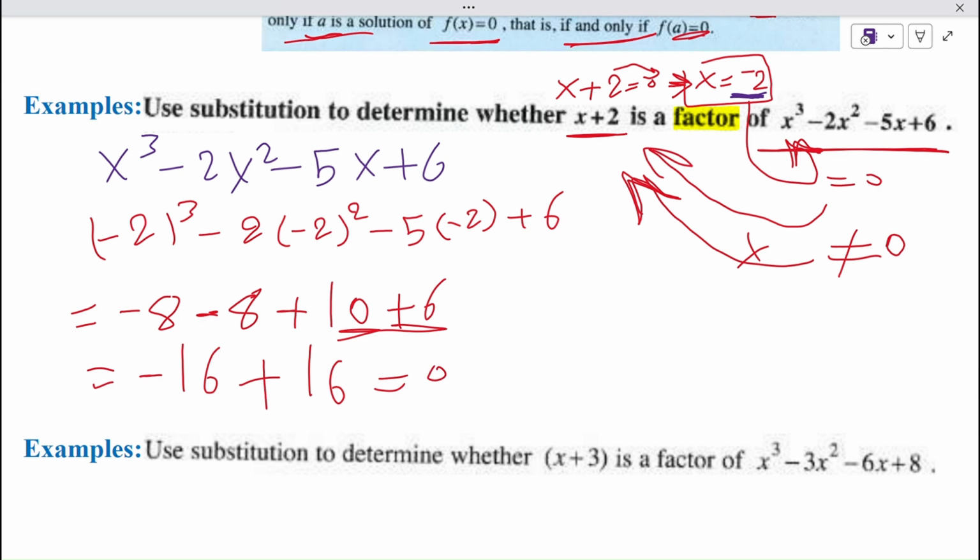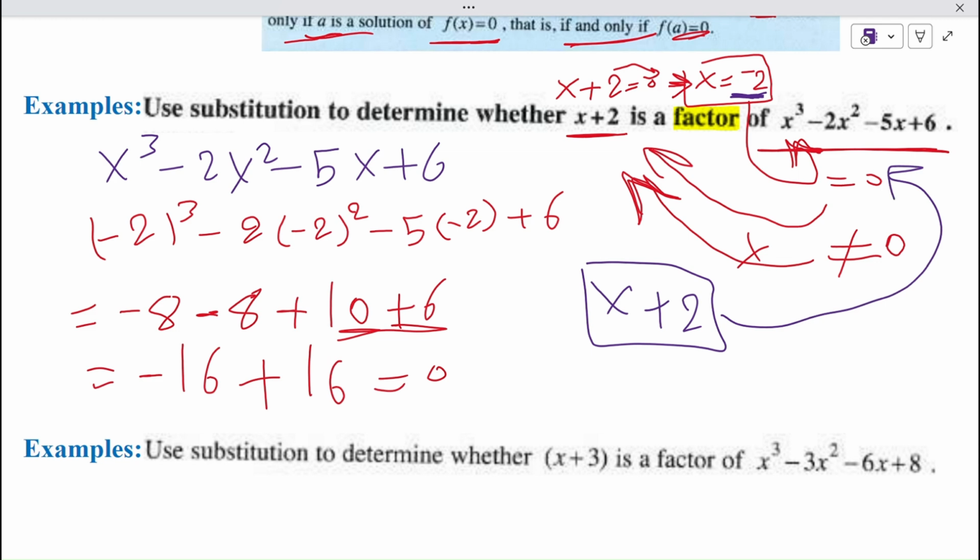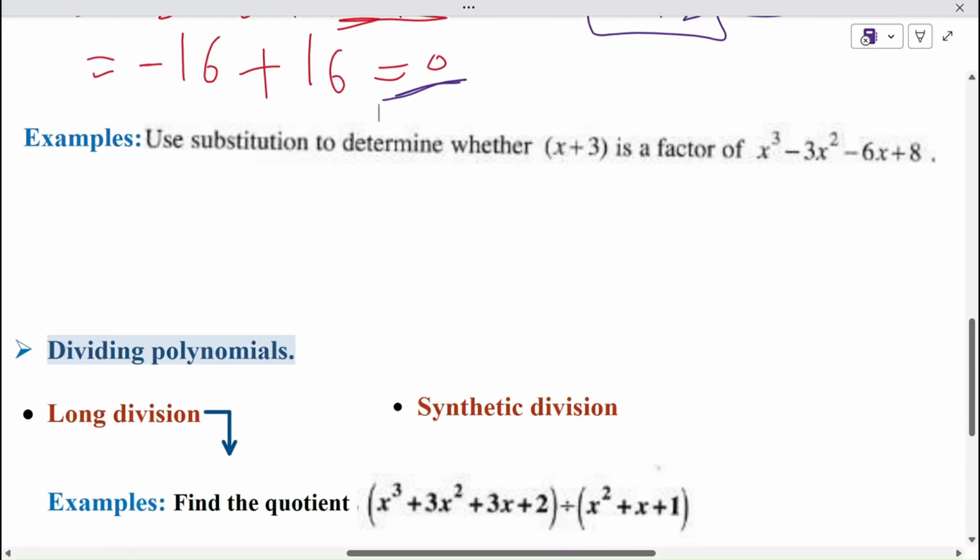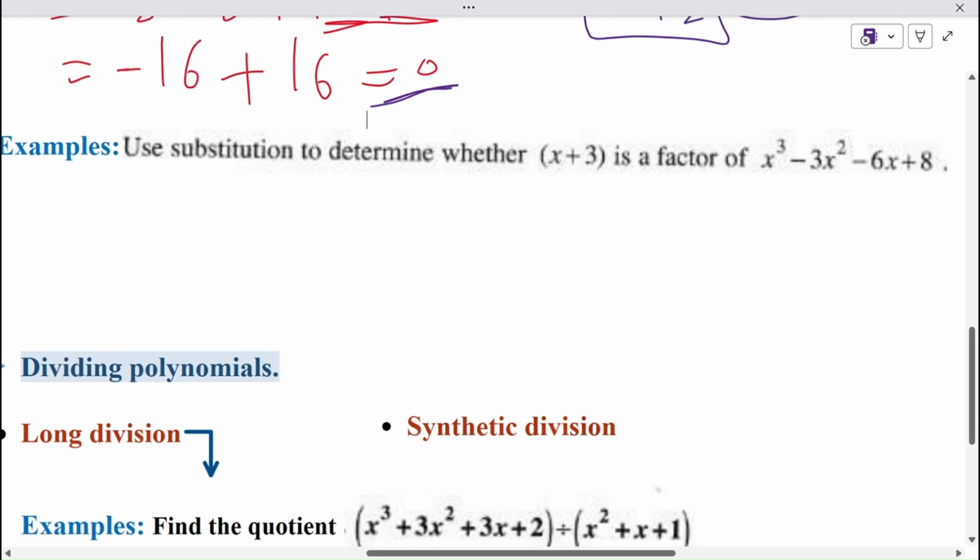So this is equal to 0. So here we have to say x plus 2 is one of the factors of this polynomial. Why? Because our polynomial is equal to 0. Let's try another example. This example.